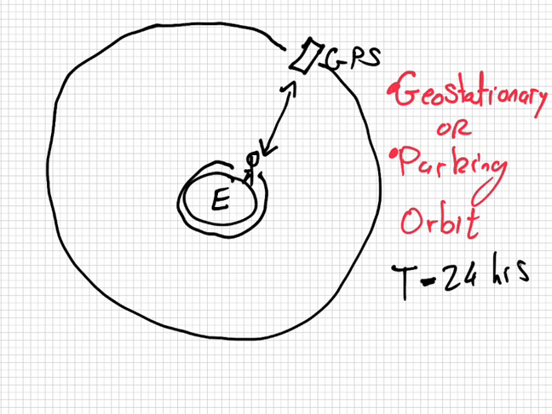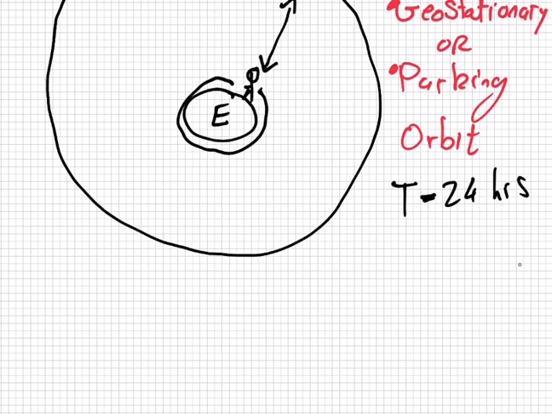I'll do an example of that in a moment, but we all know this word now, geostationary or parking orbit, okay? There's one last formula to give you. It's a simple one, I haven't given it to you yet. We have the formula omega equals theta over t, okay?